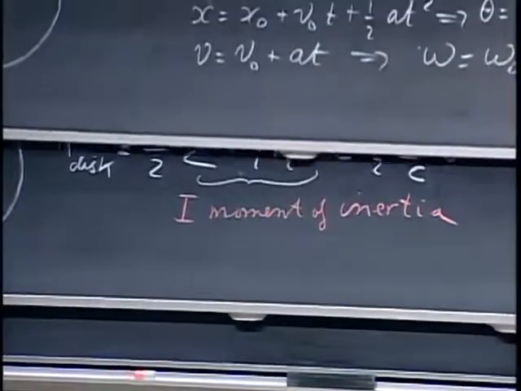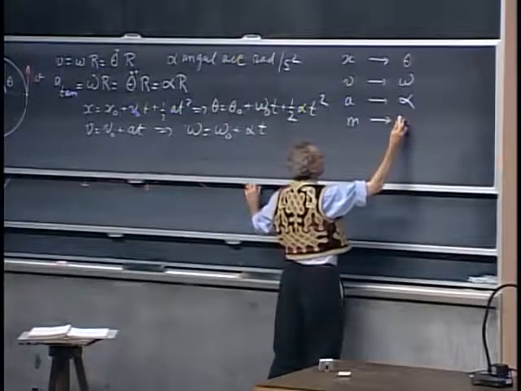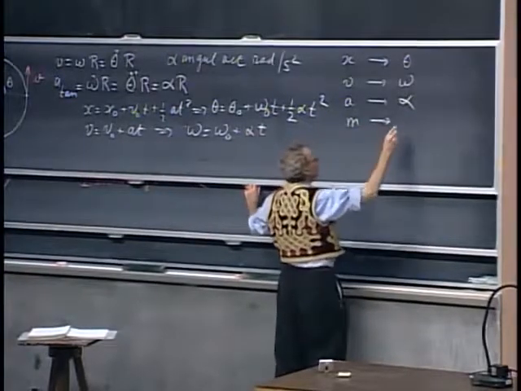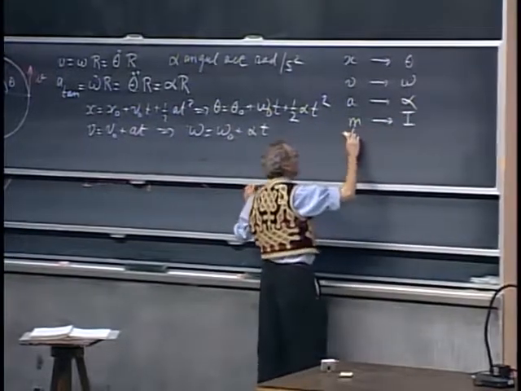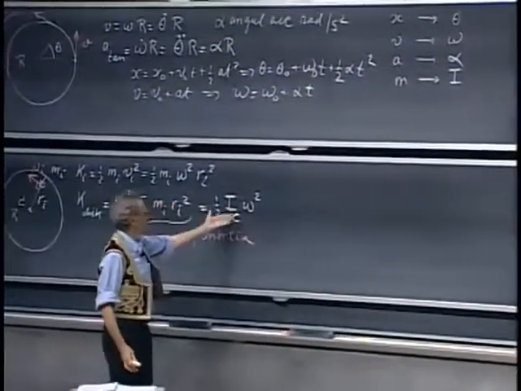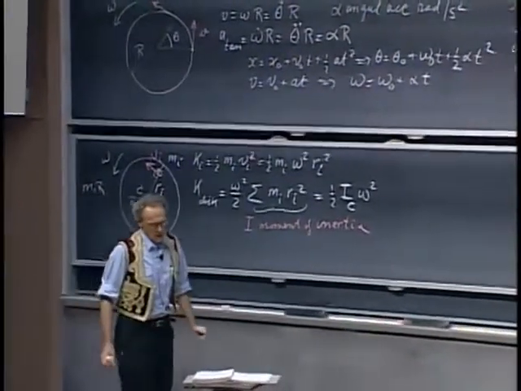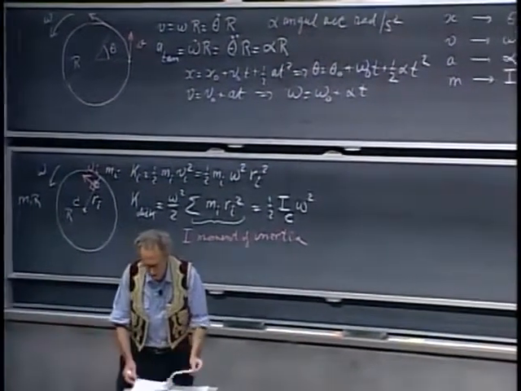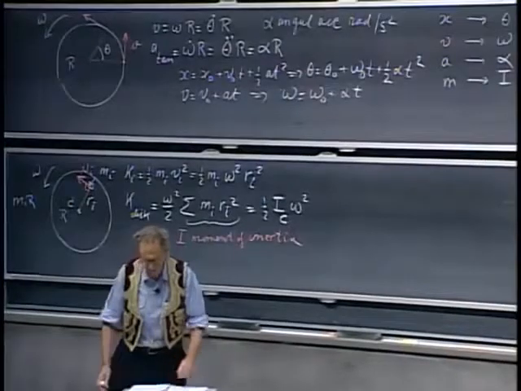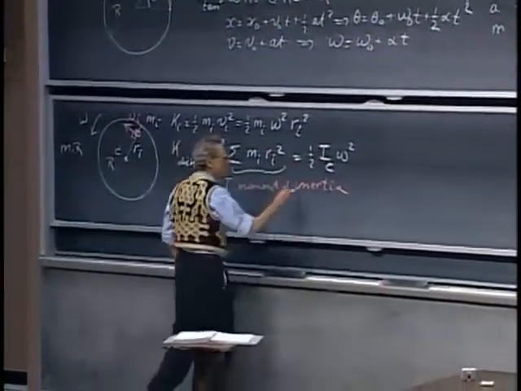So I add to this list now, if you go from linear motions to rotational motions, you should change the mass in your linear motion to the moment of inertia in your rotational motion, and then you get back to your 1/2 mv squared. So we now have a way of calculating the kinetic energy of rotation, provided that we know how to calculate the moment of inertia.